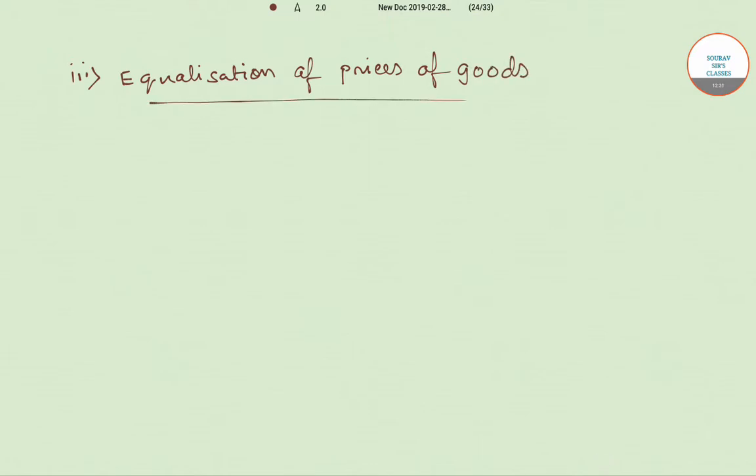The third assumption talks about the equalization of prices of goods.